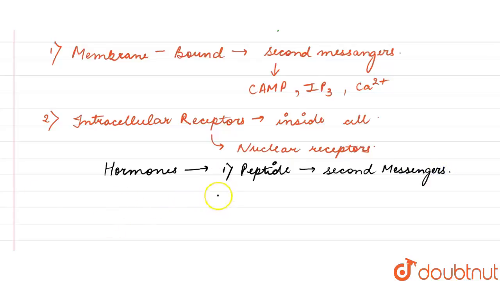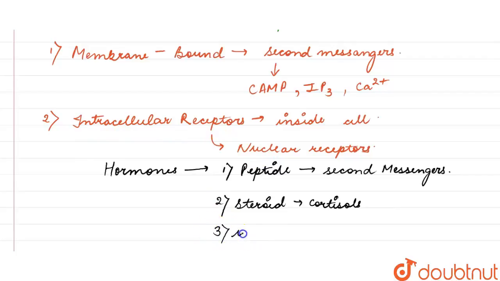And then we have steroid hormones, which are usually the cortisols or the progesterone or the testosterone. These steroid hormones bind to the intracellular receptor.